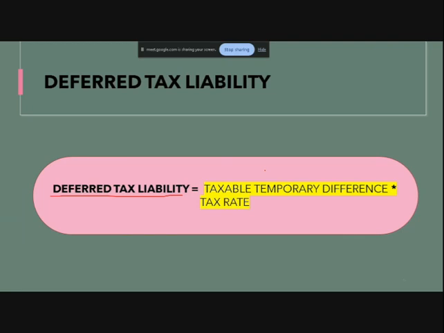So what will be our deferred tax liability? 3,000. So when we show a deferred tax liability in the statements, we'll show 3,000. So first you have to identify whether it's a taxable or a deductible temporary difference, then multiply with the tax rate.